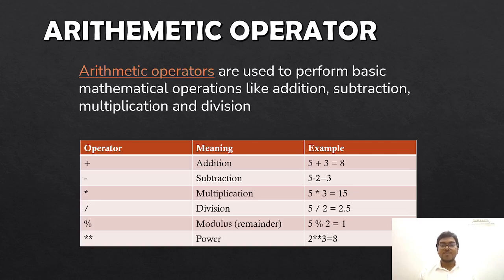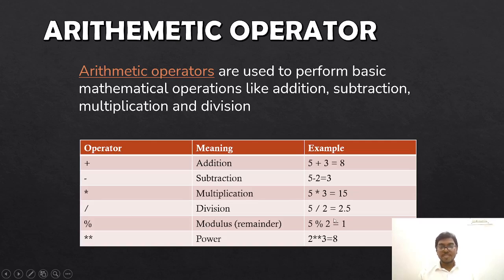Arithmetic operators are used to perform basic mathematical operations like addition, subtraction, multiplication, and division. Addition adds the two values, subtraction subtracts the two values, multiplication multiplies the two values, and division divides the two values.